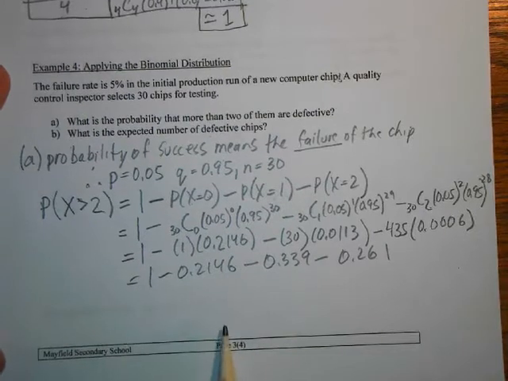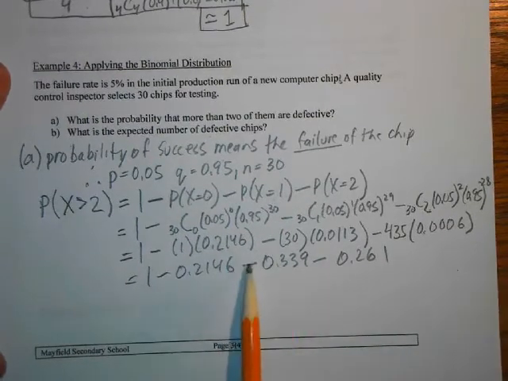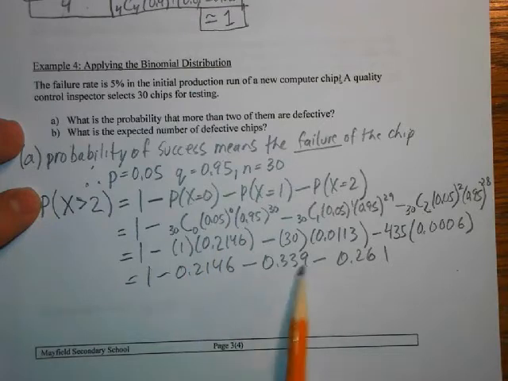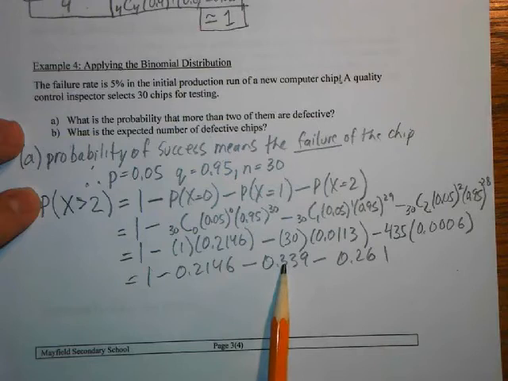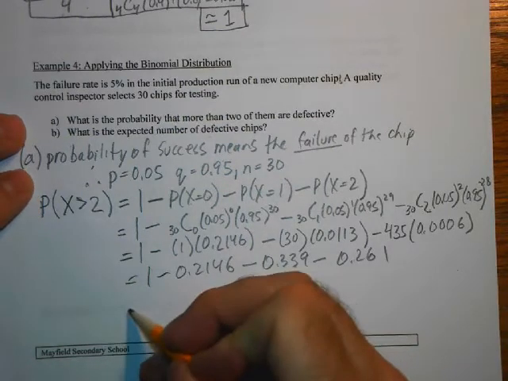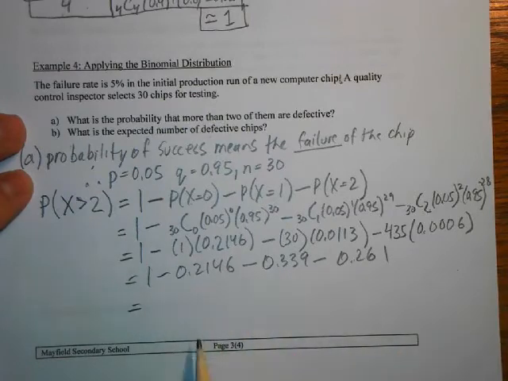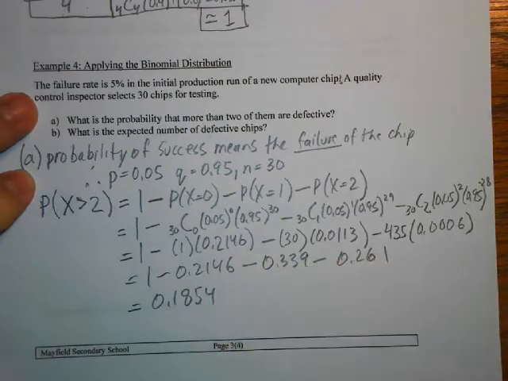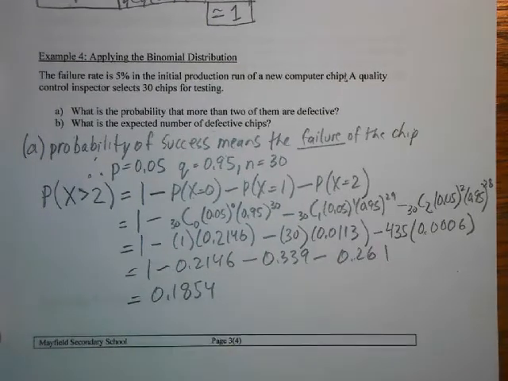I wanted to do it this way just so you see these numbers, because this is the probability that there are 0 defects in the 30, this is the probability that there's 1 defect in the 30, and 2 defects in the 30. Okay, and if I subtract all three of those from 1, I get 0.1854.